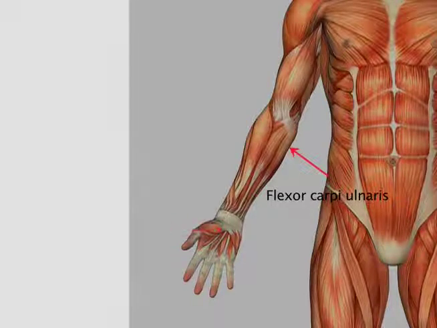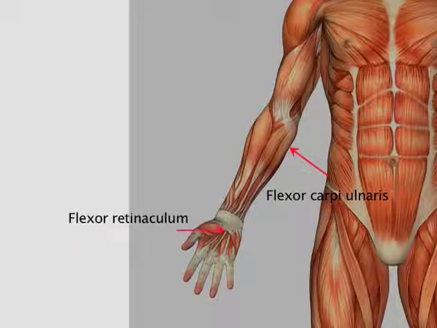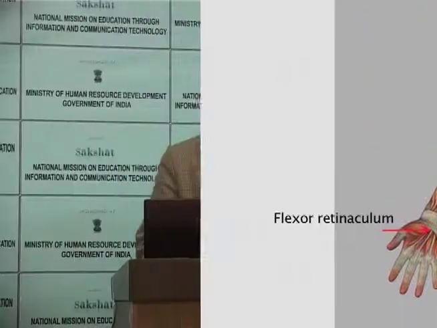Like the extensor retinaculum, there is also a flexor retinaculum. At the anterior compartment of the wrist there is one retinaculum known as the flexor retinaculum, and this muscle tendon passes through the flexor retinaculum and is inserted over the base of the second metacarpal from the volar side.